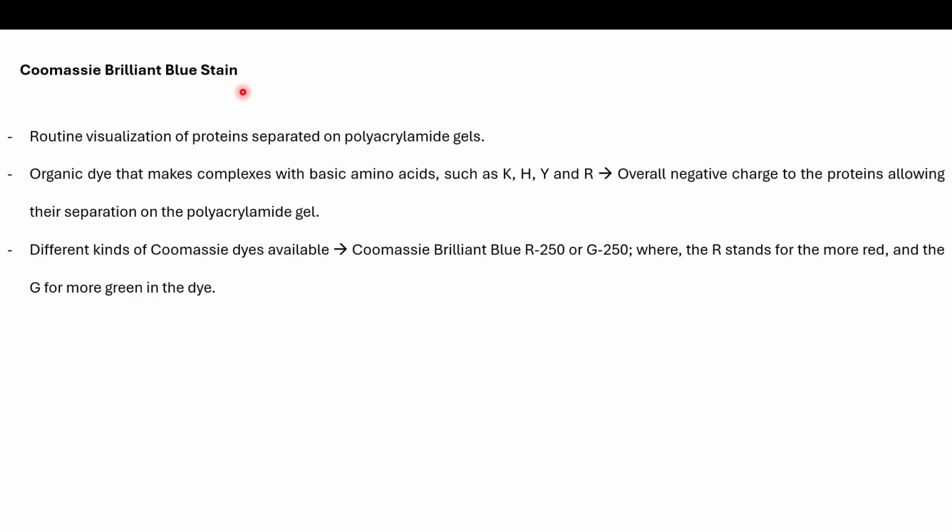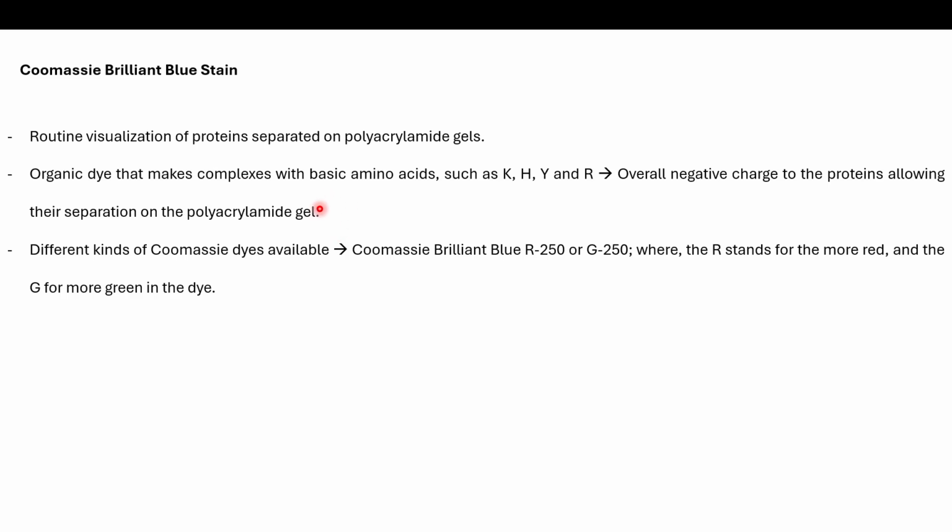Coomassie brilliant blue is used for routine visualization of proteins which have been separated or resolved on polyacrylamide gels. This is an organic dye that makes complexes with basic amino acids like lysine, histidine, tyrosine, and arginine, thereby giving an overall negative charge to the proteins, allowing their separation on the polyacrylamide gel.